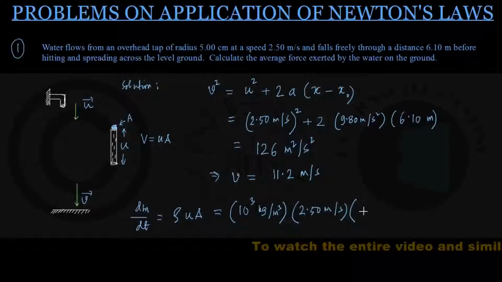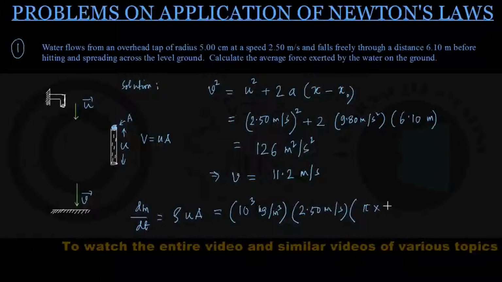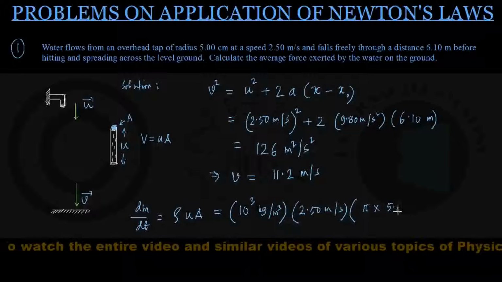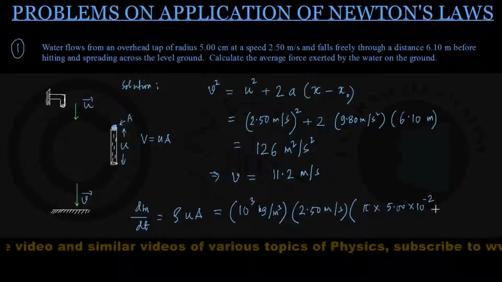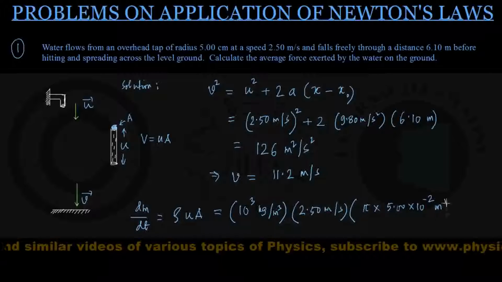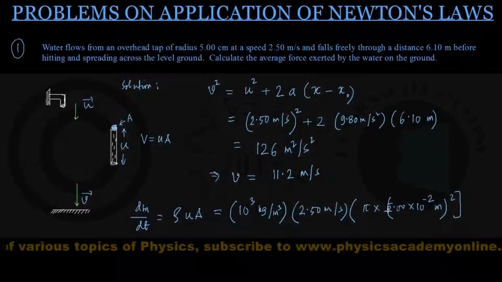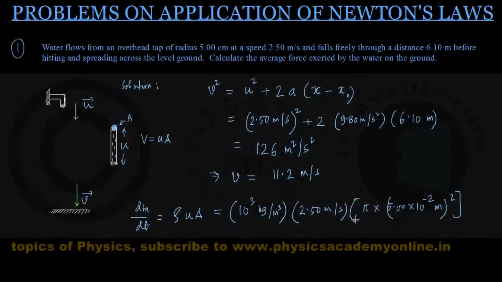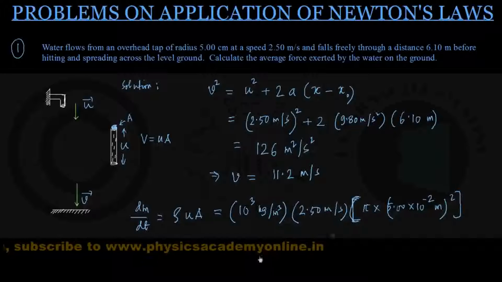The cross-sectional area is coming out to be pi into radius, which was 5 into 10 to the power minus 2 meter. I'm always converting into SI units. Pi r square, and this I must keep in square brackets to mean that the quantity within the square bracket is nothing but the cross-sectional area of the tap, the same as A here.